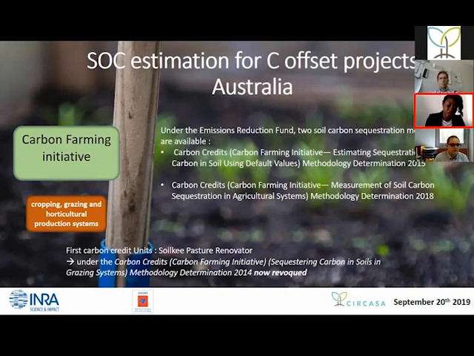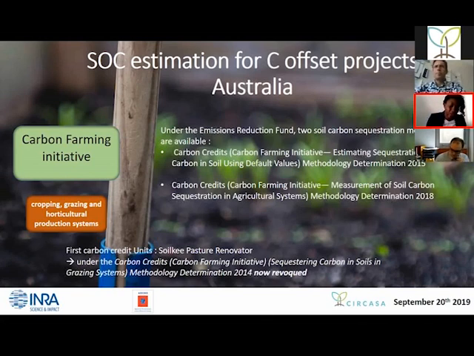The first one, the methodology determination 2015, estimating sequestration of carbon in soils using default values. So this method, as the name says, uses default values. And the second one, the methodology determination 2018 for carbon sequestration in agricultural systems.